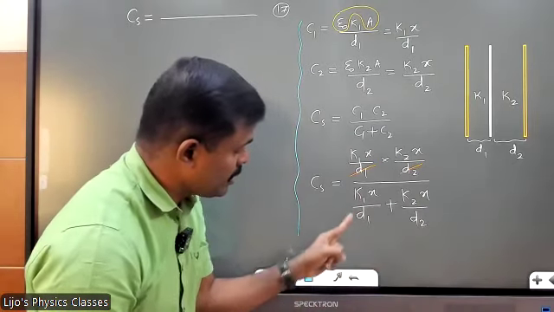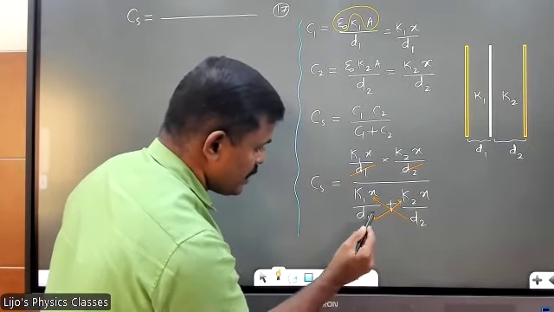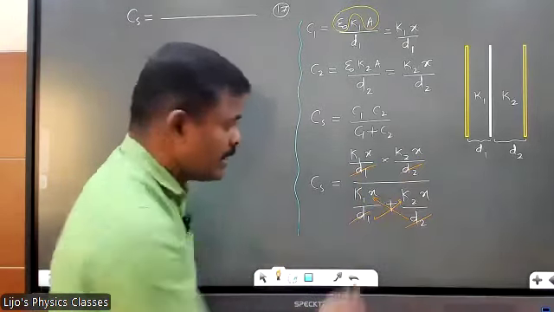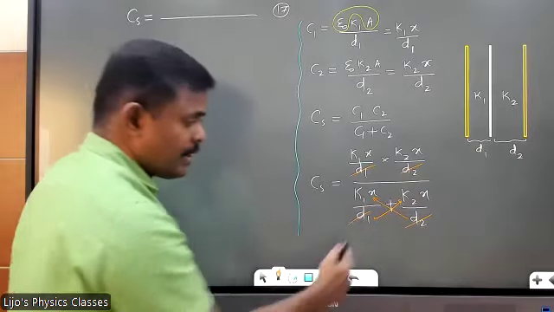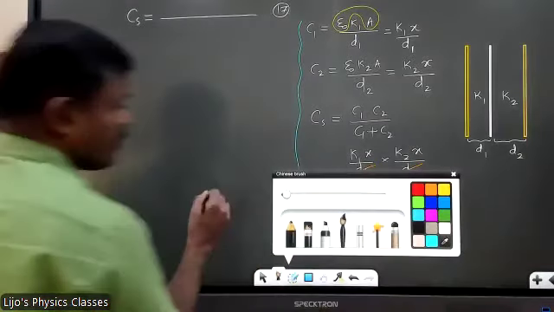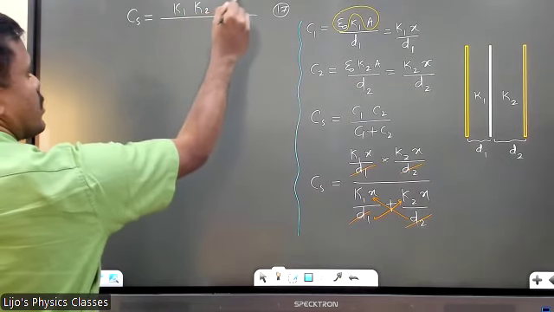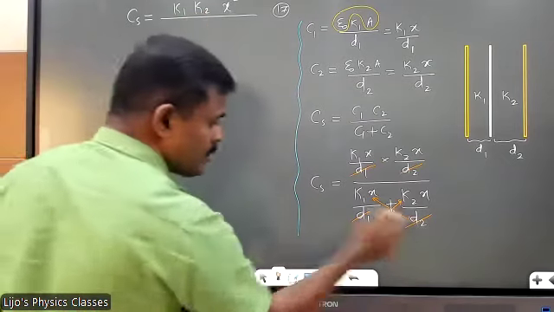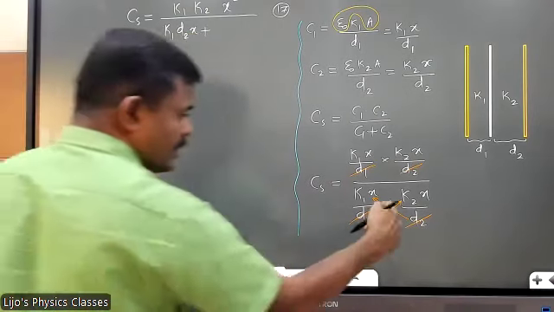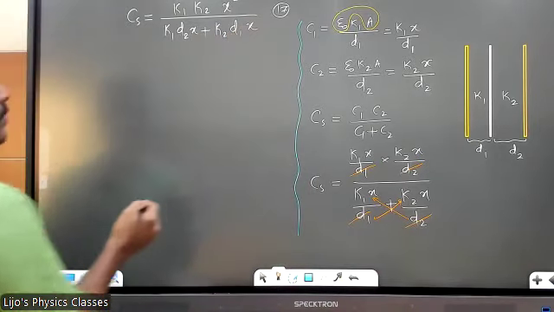D2 should come here. D1 should come here. Then I can cut D1, D2. Both the denominators, here the denominator is D1 D2, here also the denominator is D1 D2. They are cut. What's on the numerator now? K1, K2 into x square, divided by K1 D2 x plus K2 D1 x.